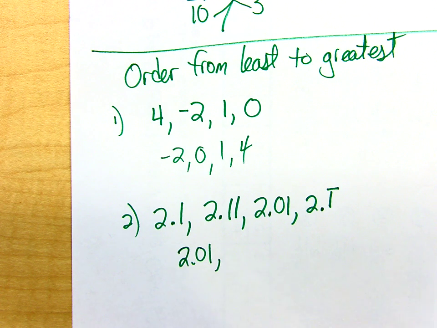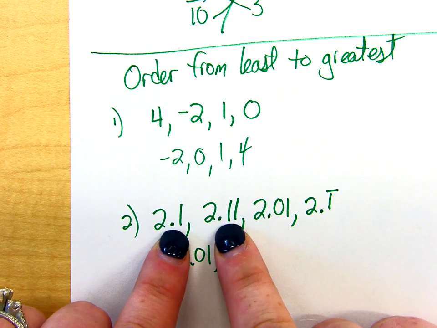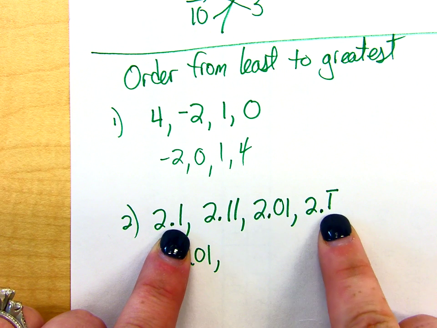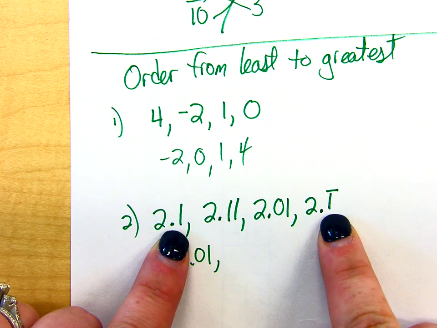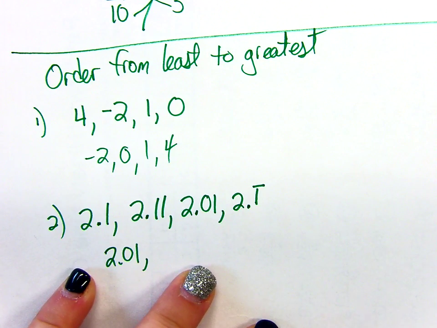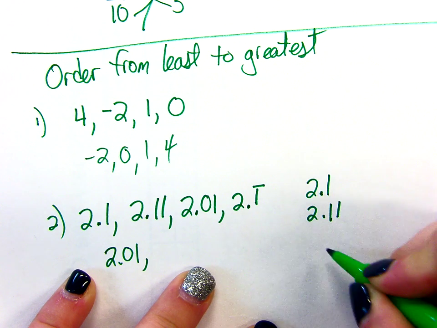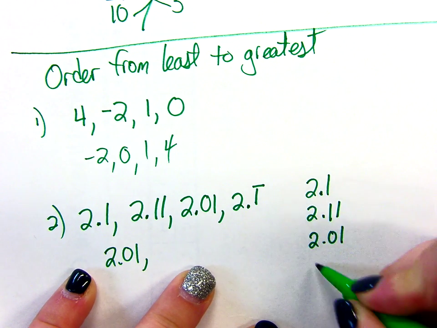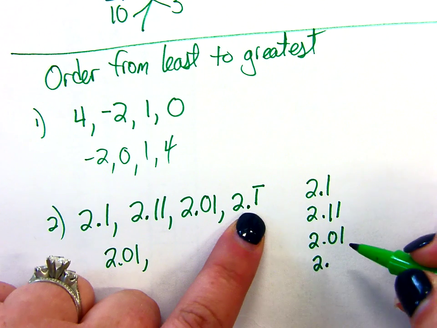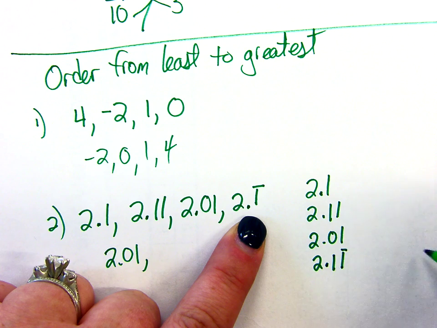Well, here's one thing that might help. If they see how this one only has 1 decimal place, but this has 2, this has 2, this one only has 1. Sometimes it helps. Actually, 2 things might help here. To write them vertically. So I'm just gonna write my list vertically. And if it's 2.1 repeating, doesn't that mean it's 1, 1, and then it just keeps with ones?